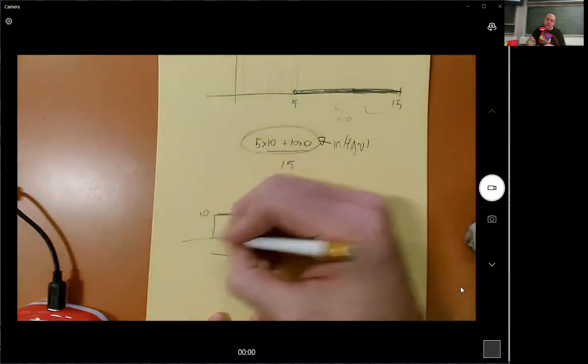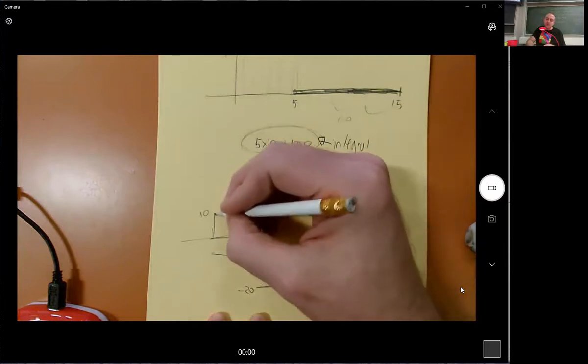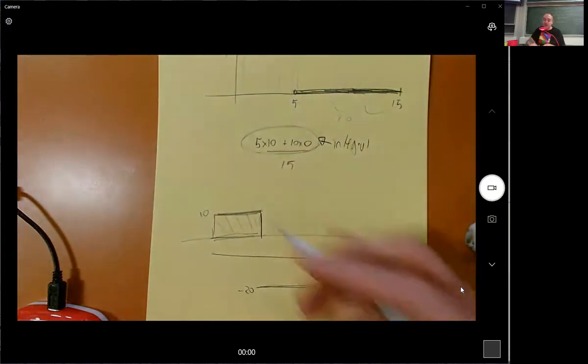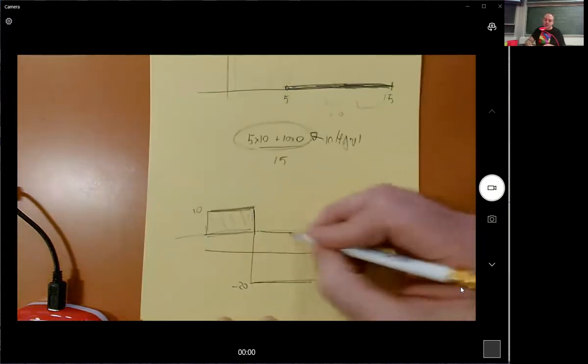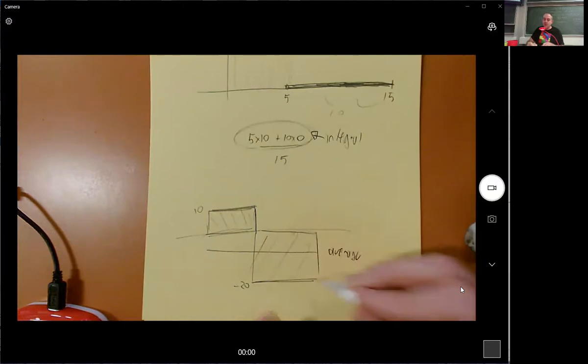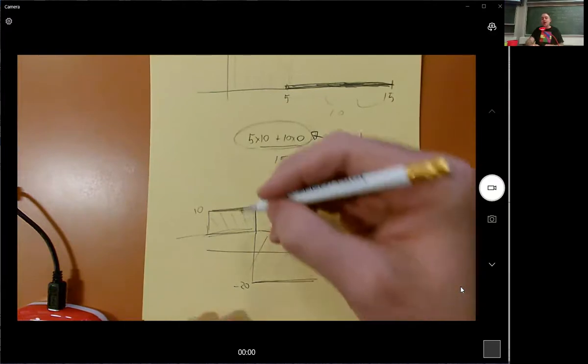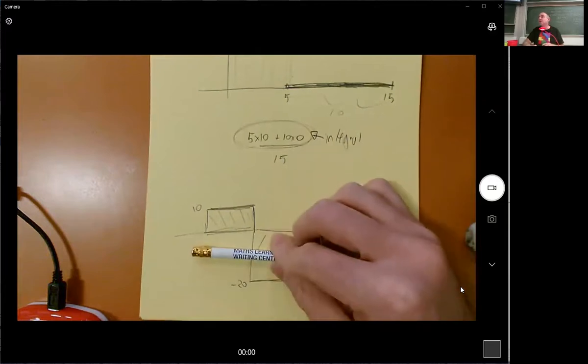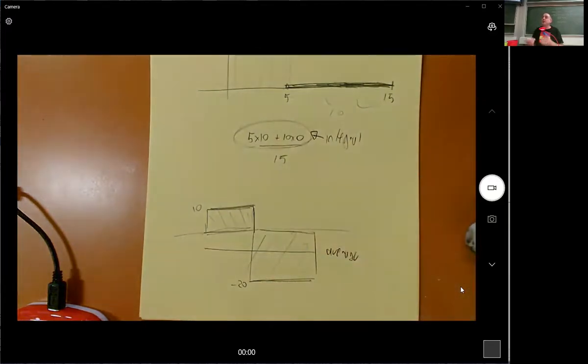It spends this much time being 10, so 10 times this gives you an area. And it spends this much time being minus 20, and this times minus 20 is this area. You need this area to count as negative, so that when you add them together, the average ends up being negative. So areas below the x-axis have to be negative in order for the whole idea of averaging things that are positive and negative to work.